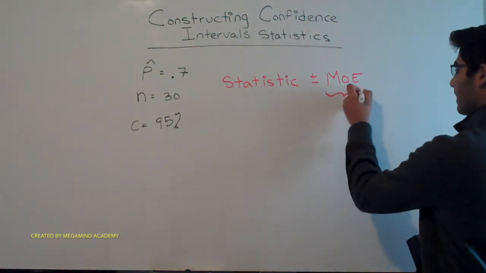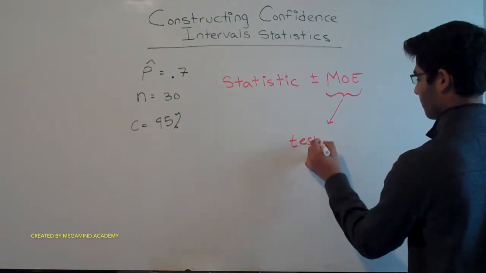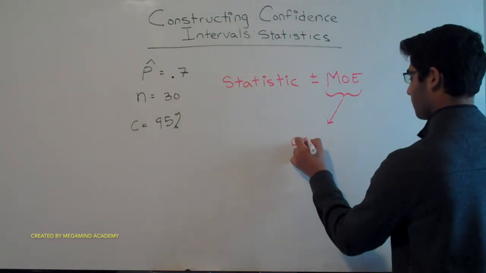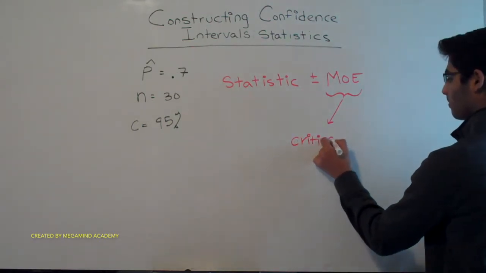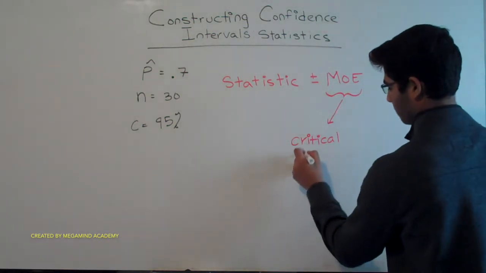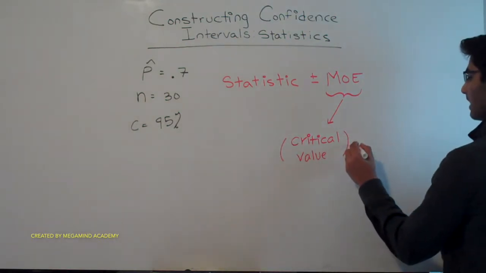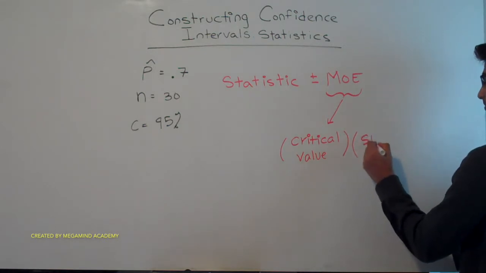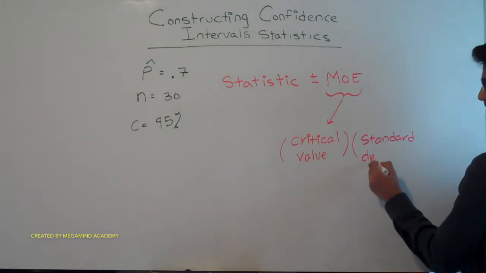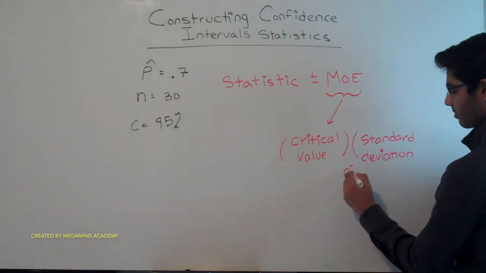Well, the margin of error is calculated using the critical value, this is where it comes in, the critical value times the standard deviation of the sampling distribution.